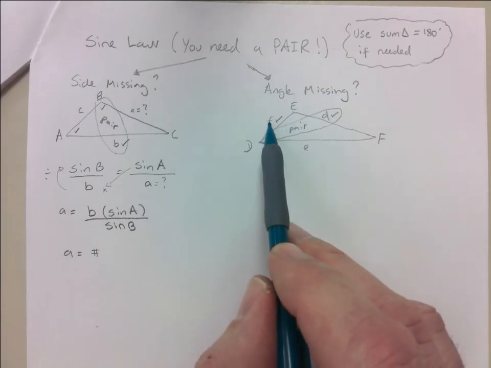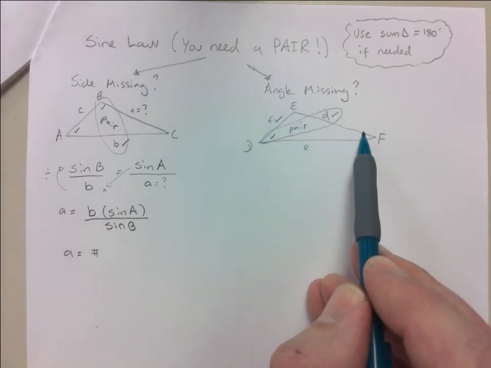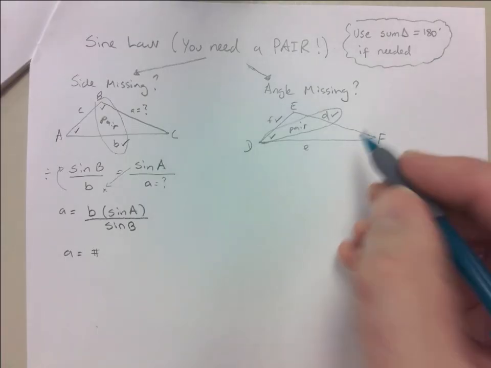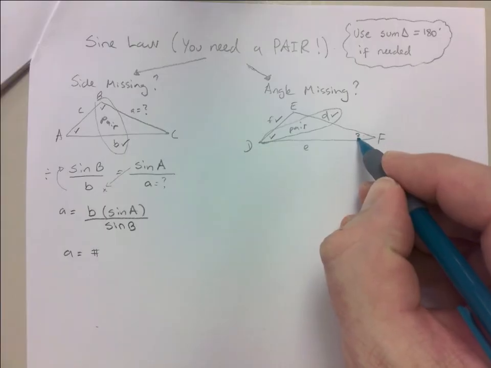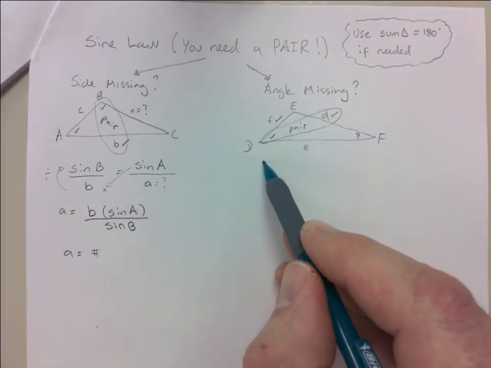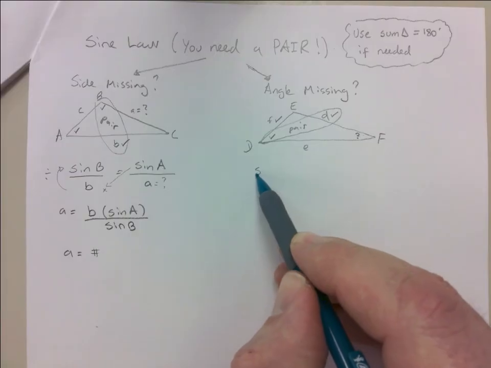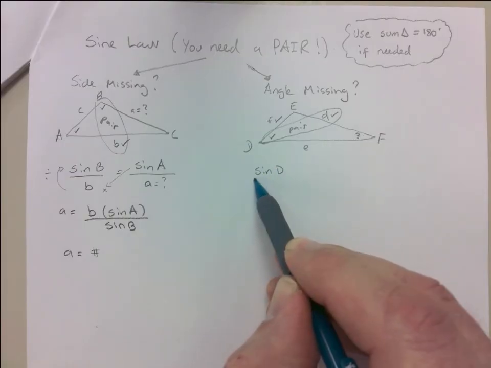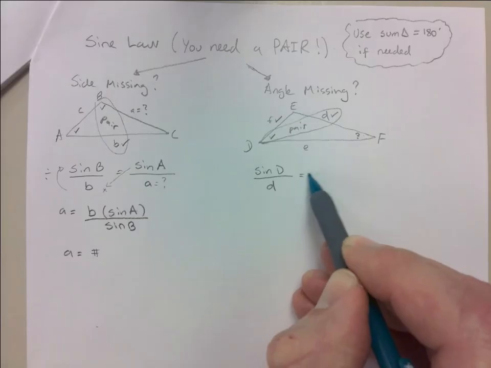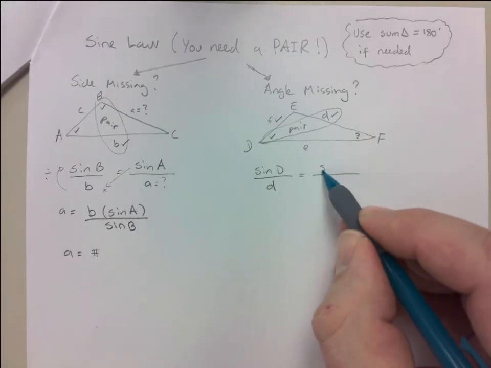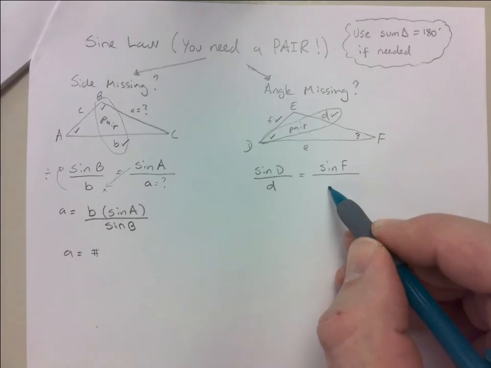They give me side F, which means what can I solve for? The angle across from it. That's the only thing you can do at first. So this is your question mark right here. So you start with your pair, sine of D over D, sine of F over F.